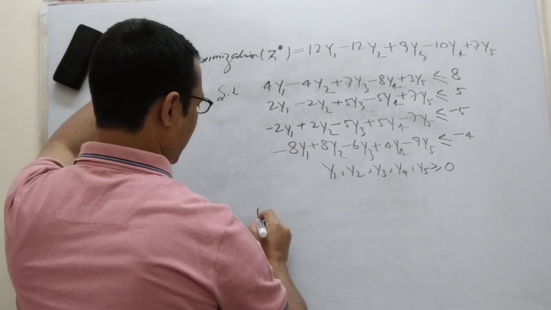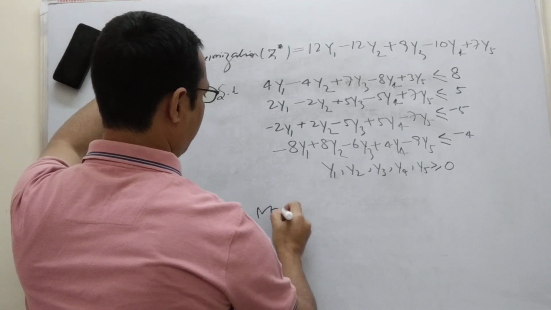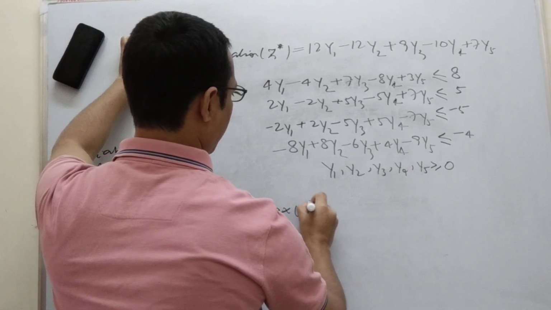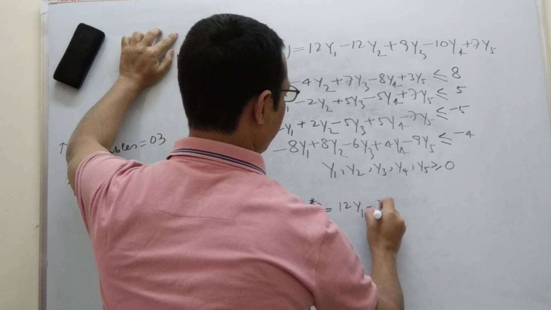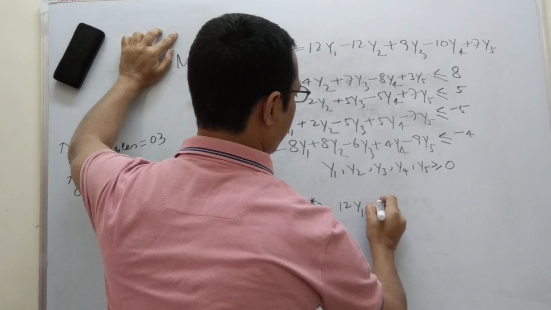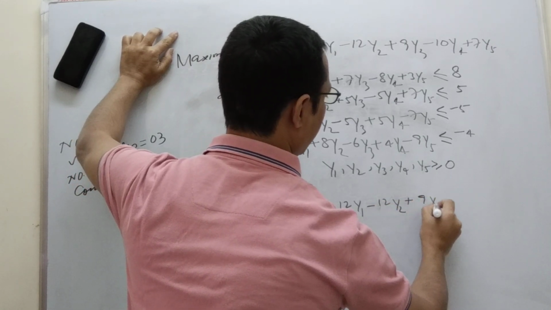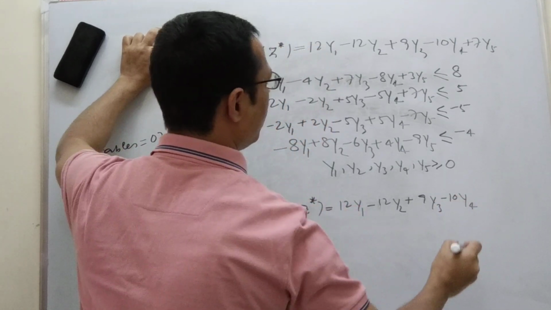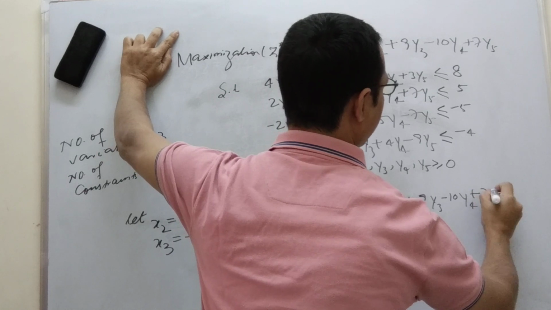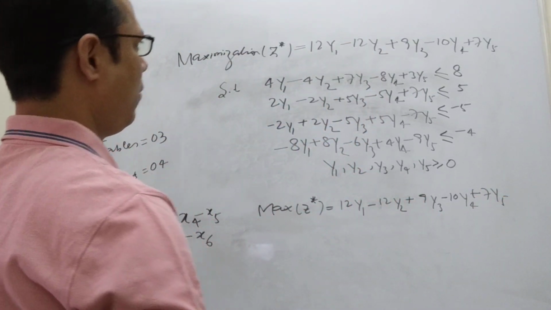Just copy this one. Maximization type: z star is equal to 12y1 minus 12y2 plus 9y3 minus 10y4 plus 7y5.